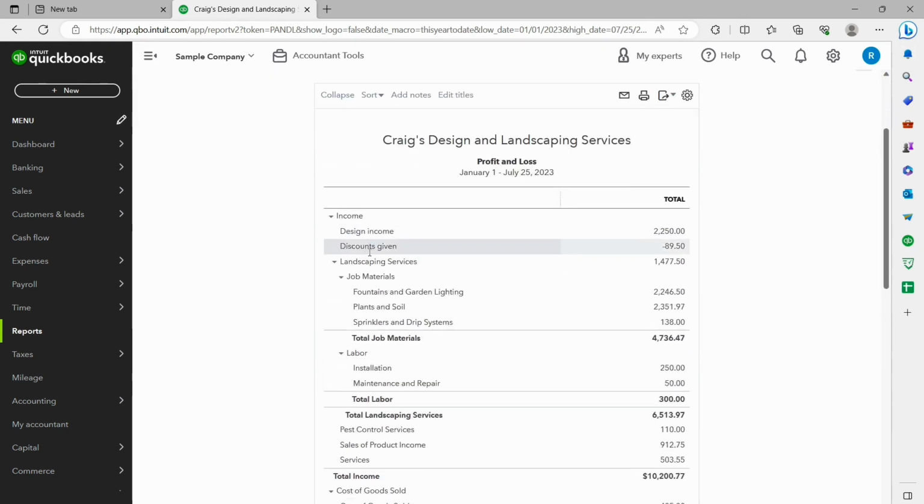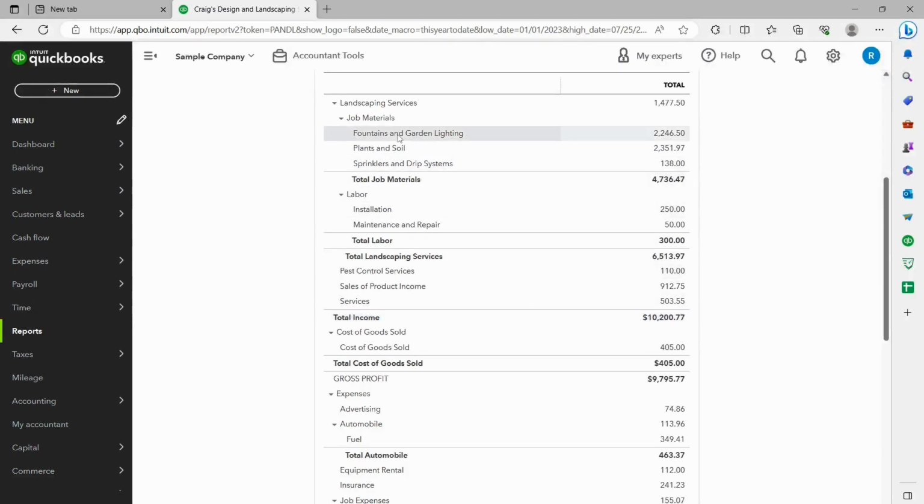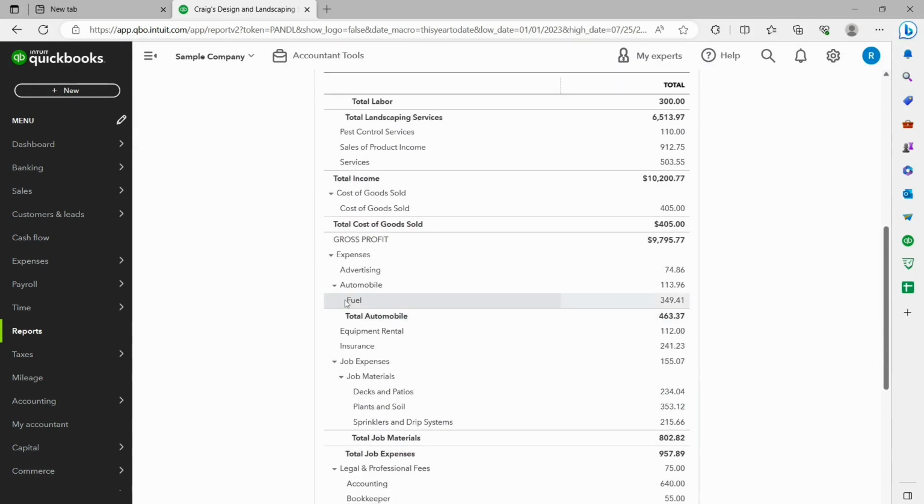Profit and loss shows you what happened to your business, or what is happening to your business, from January till December 31st. On January 1st, 2024, everything would be zero. It shows the income, and it shows the expense.